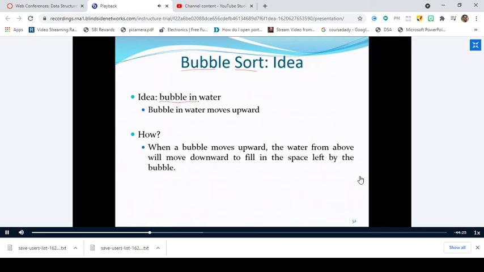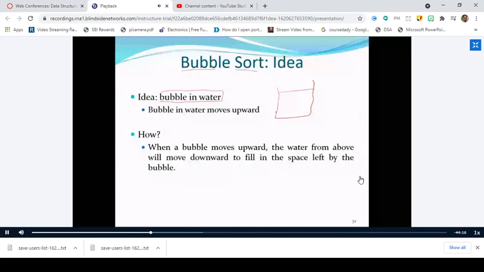Assume that we have a glass of water like this, and assume that there are some bubbles here like this. Right. When you simply disturb this particular glass of water, you can see that these bubbles will move from the bottom of the glass to the brim of the glass like this. Is it right or not?